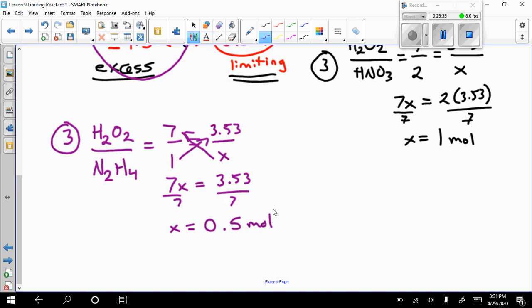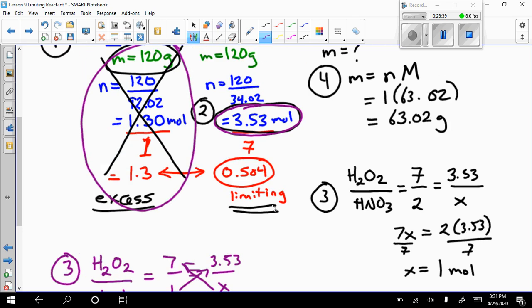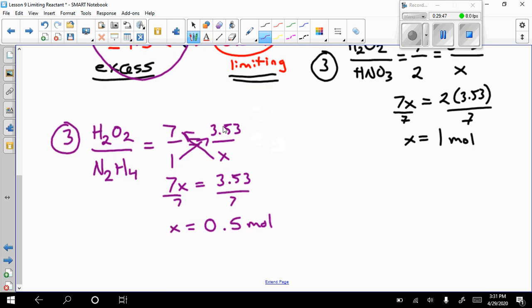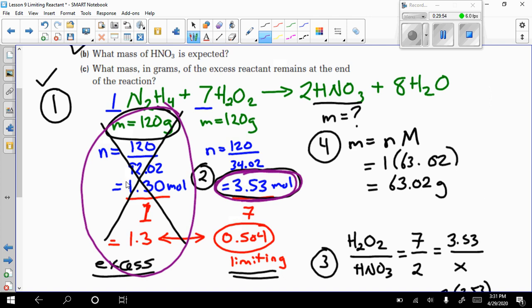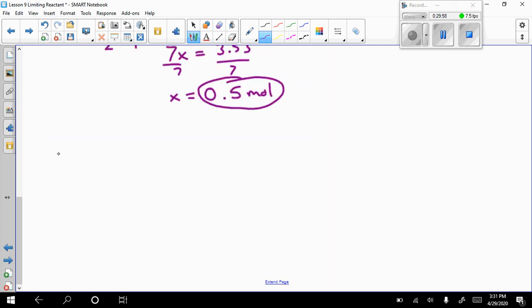So this is interesting. If I use up all of this 3.53 moles of the H2O2, which I knew was limiting, I will also use up 0.5 moles of the N2H4. So now look at this. I am going to go back to my step 4, and I'm going to figure out the mass of the N2H4 that I'm going to use.